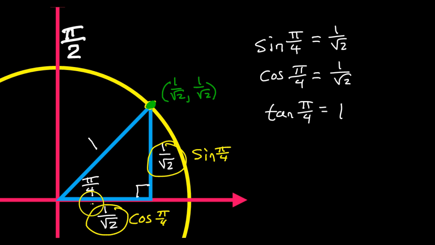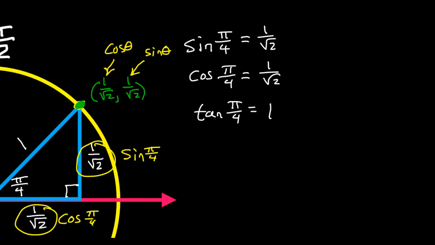So the x value is always going to be the cosine function, and the y value is always going to be the sine. I'll just say cosine theta, sine theta. So anytime you want the coordinates of a point on the unit circle, just understand that the coordinates will always be of the form cosine, comma, sine, every single time.